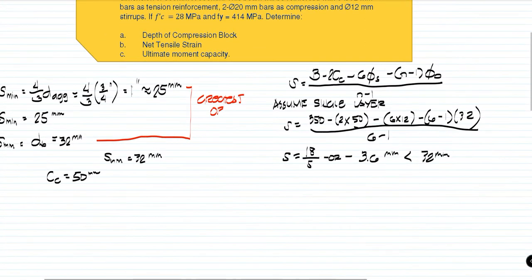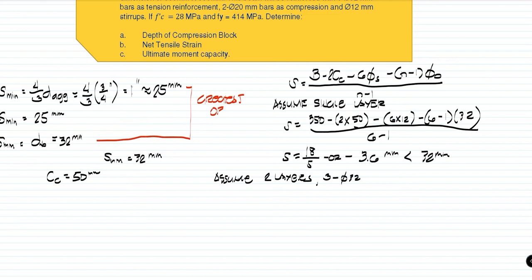So check natin kung papasok yung assumption na yon. So assume 2 layers and sabi 3 diameter 32 per layer. So let's check from the clear spacing.